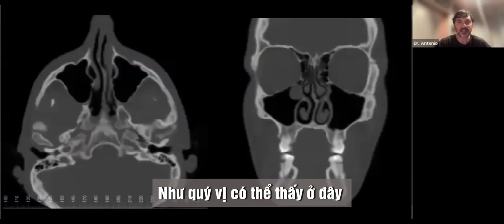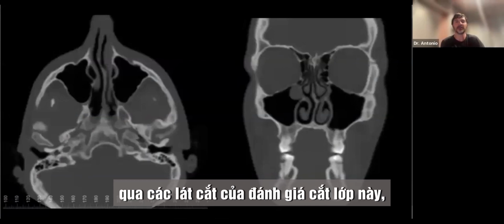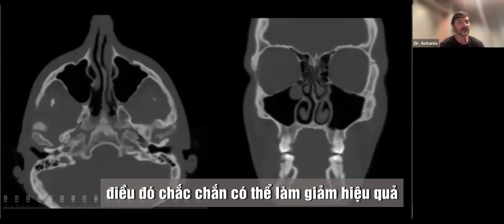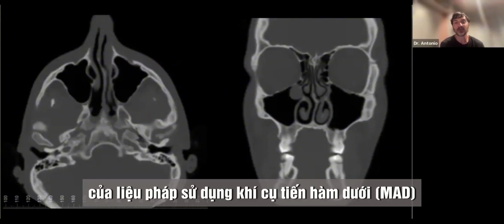And as you can see here, with these slices of the tomography evaluation we can easily see the presence of nasal obstruction that can for sure reduce the effectiveness of mandibular advancement device therapy.